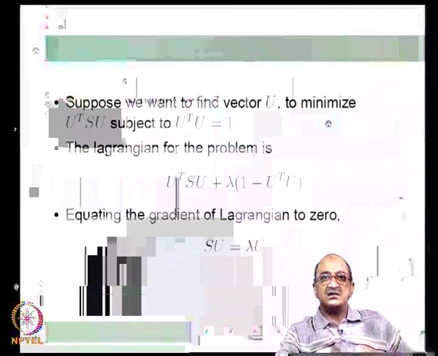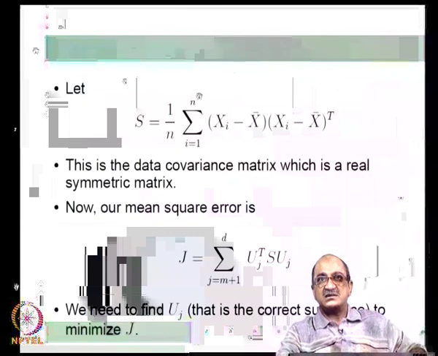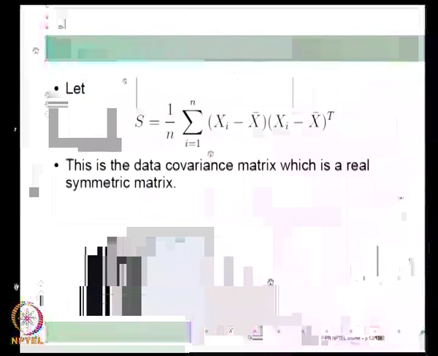Why is that so? Because my J just turns out to be that, right. When we did that, my J turns out to be that because in xi minus x tilde, up to the first m terms in the summation xi and x tilde are the same, and hence my xi minus x tilde sums over only j equal to m plus 1 to d of something into Uj.